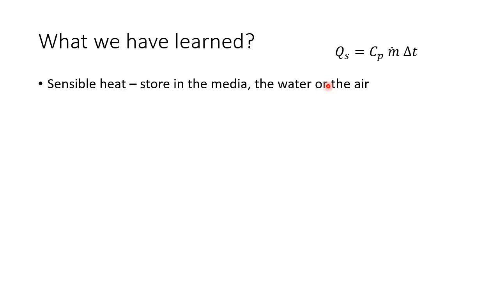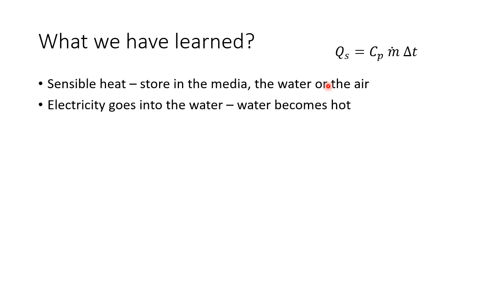So sensible heat is heat stored in a medium. It can be water, it can be air. If it's room air, then it has two components, dry air and vapor. We saw already that electricity goes into the water and the water becomes hot.